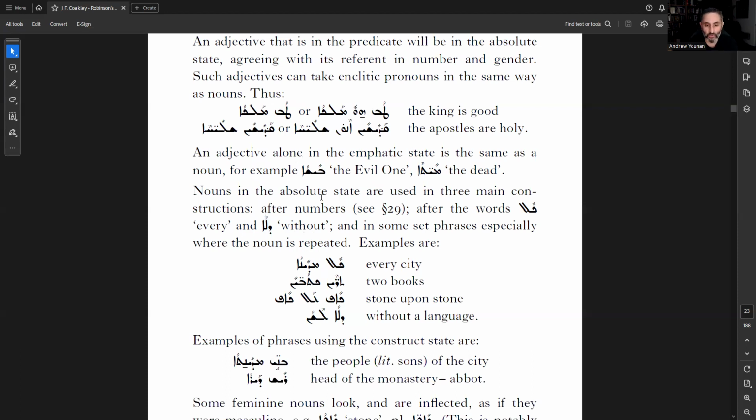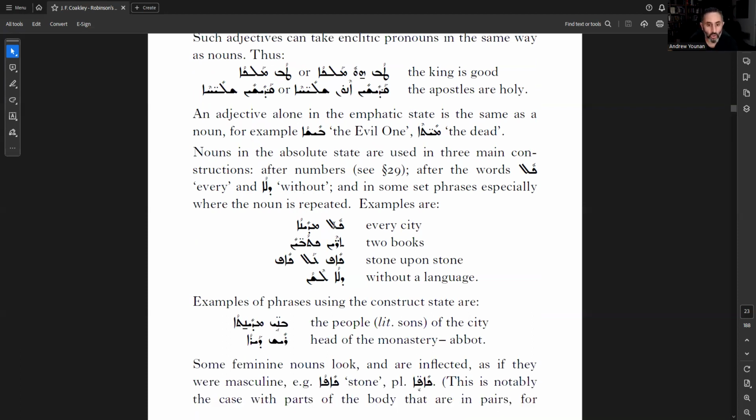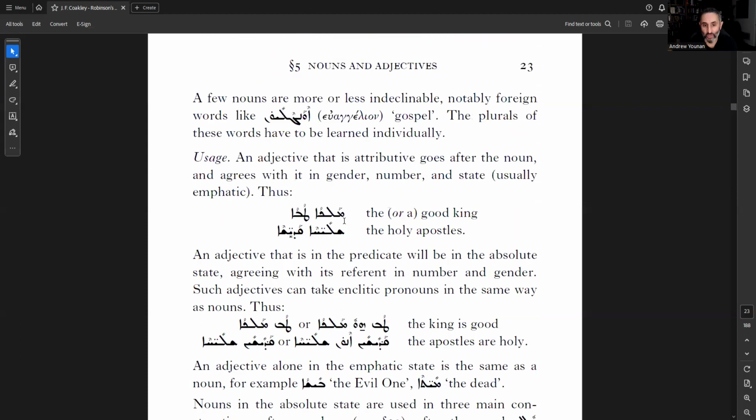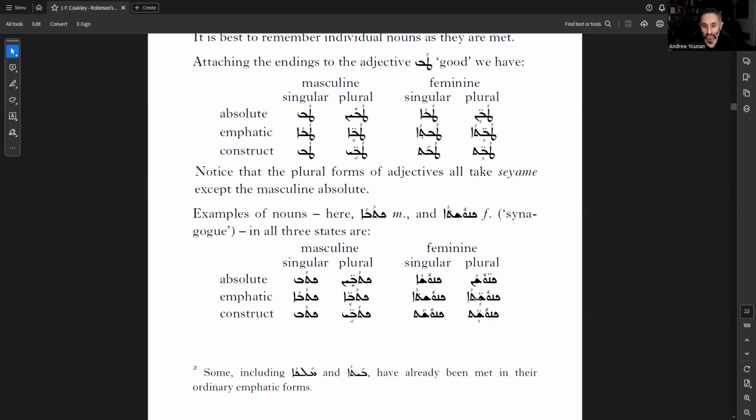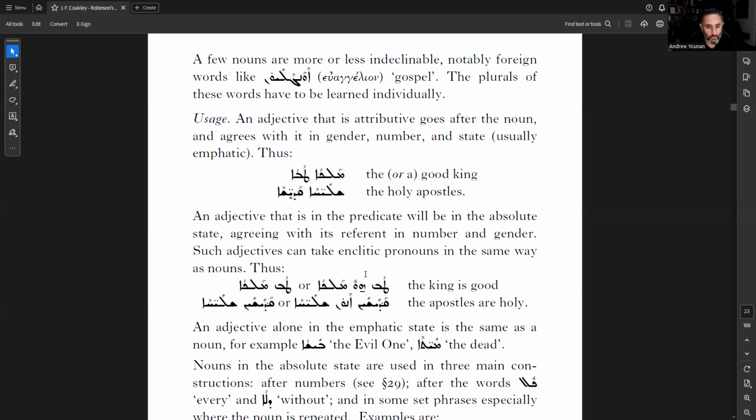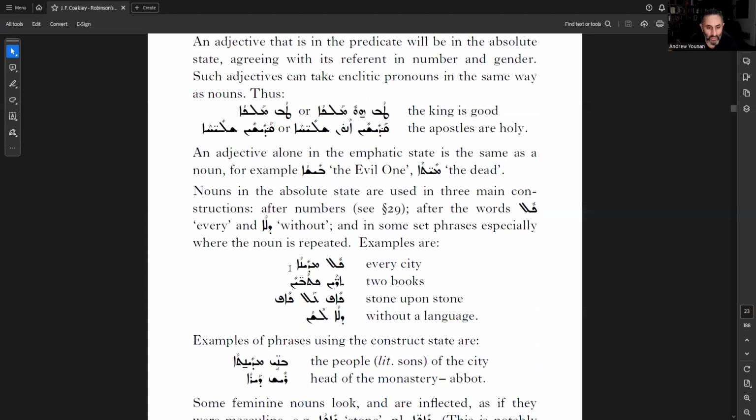So here's the absolute state of the noun. Kul mvina. So mvita in the absolute state, because it's feminine, becomes mvina. Okay, right here. Absolute state of the noun. Mvina. Kul mvina. Every city, using the absolute state of mvita.